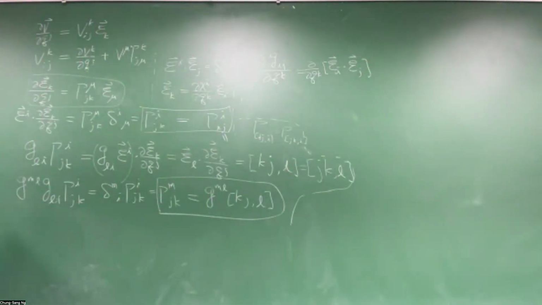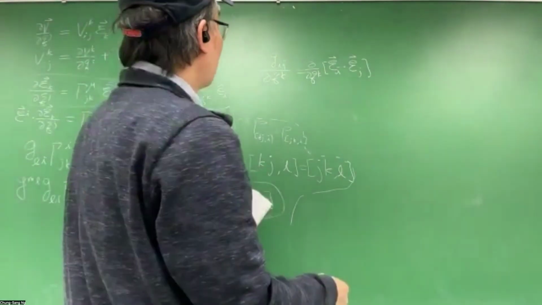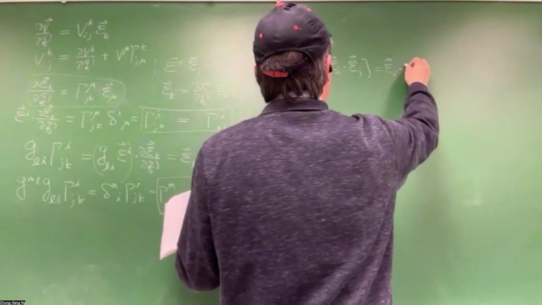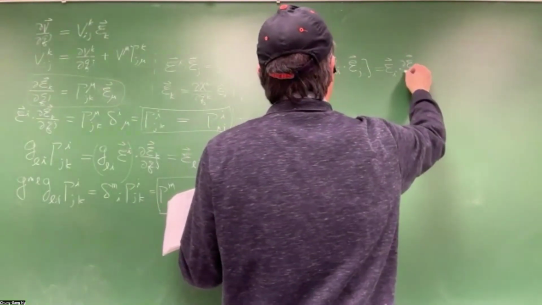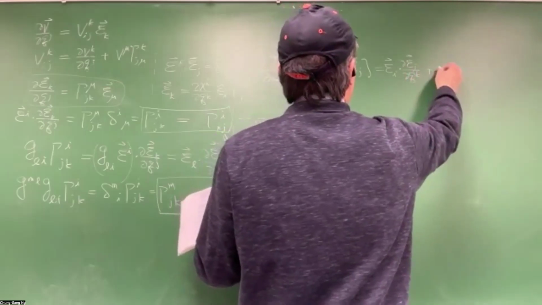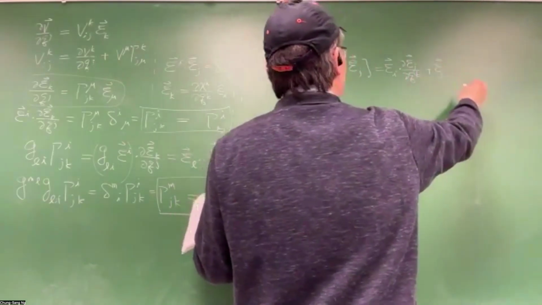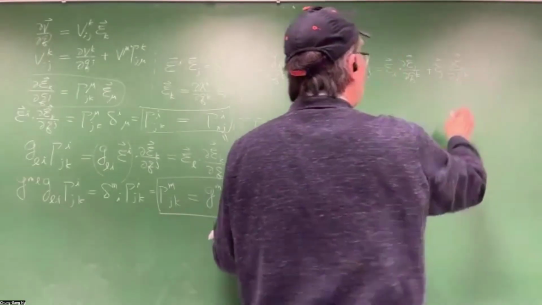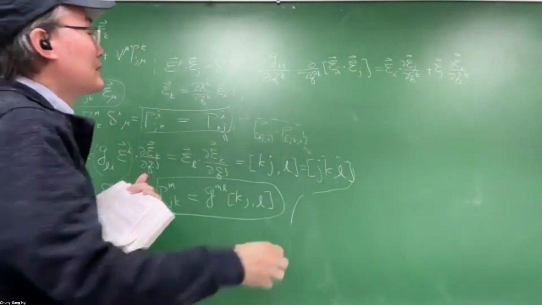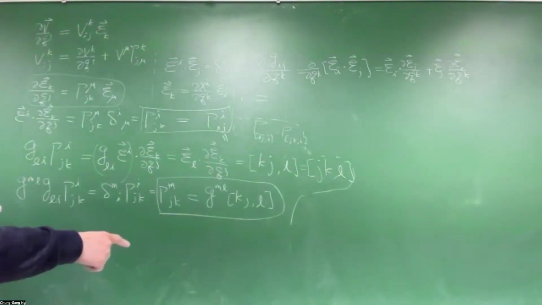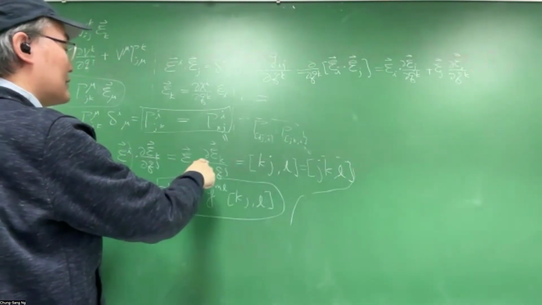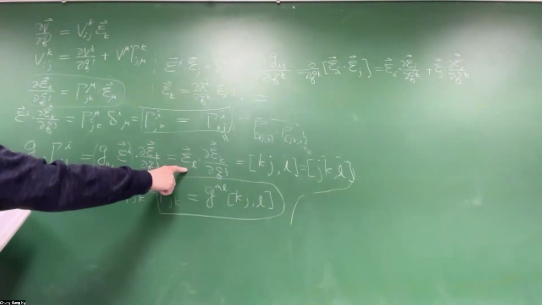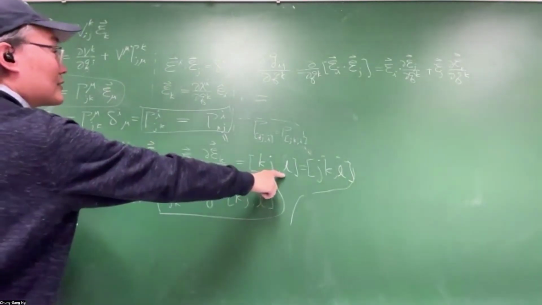That will involve two terms. One is epsilon I dotted into the partial derivative of epsilon J, and the other is epsilon J dotted into the partial derivative of epsilon I. Following the definition, whatever basis vector you dot into will go in the second slot.